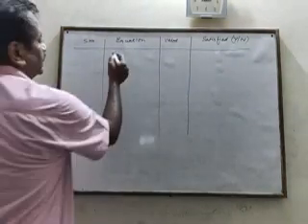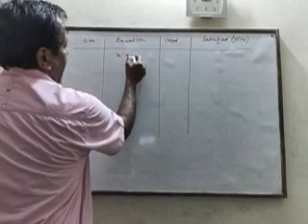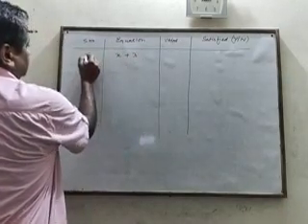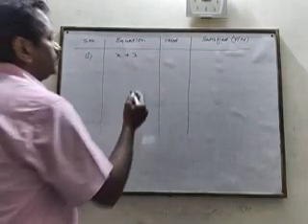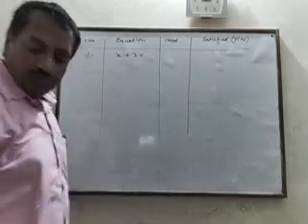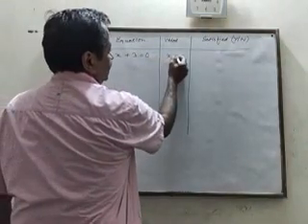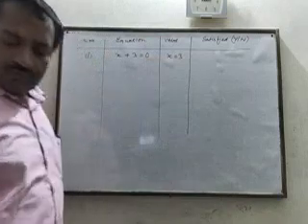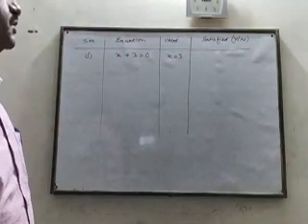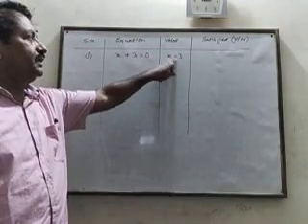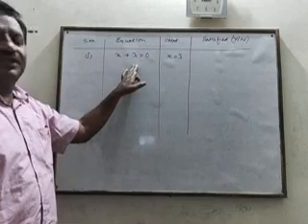First is x plus 3 equal to 0 and x equal to the given 3. And then say yes or no. At x equal to 3, whether this equation will be satisfied or not.